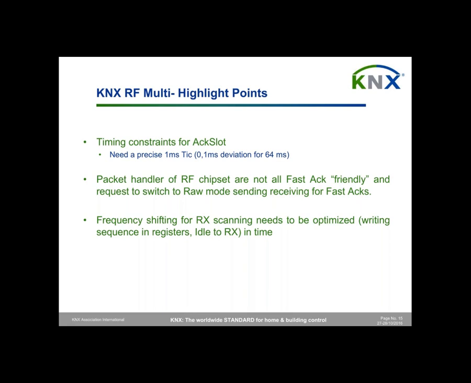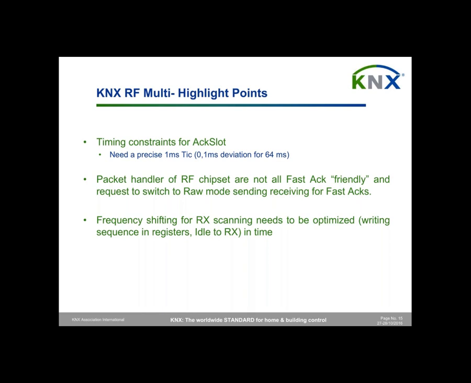And you can use a normal packet handler even if you have some specific issues about the variable length on the CRC topic to be handled, especially in packet handler of the RF chipset.